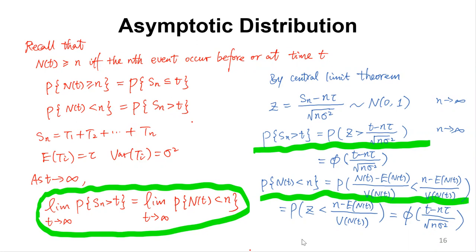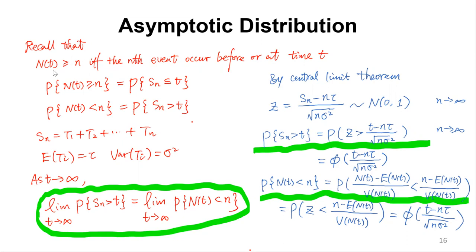Now, we also want to know what is the variance of N(t). By the asymptotic distribution, we are trying to see what is the distribution of N(t), by the central limit theorem.